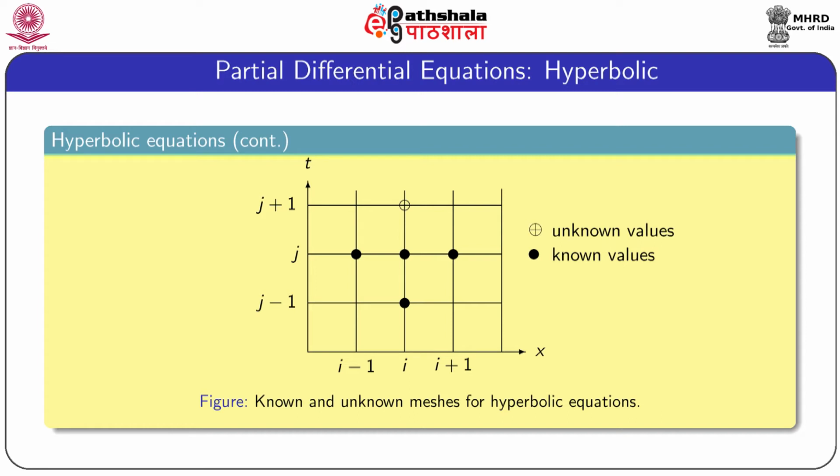Note that the three mesh values are present in the same time level, along the j row, and another mesh value is present along the time level j minus 1. If these four values are known, then we can calculate the value of u at the middle mesh point along the vertical line i and the horizontal line j plus 1. This is the graphical representation of the known and unknown meshes for the hyperbolic equation.